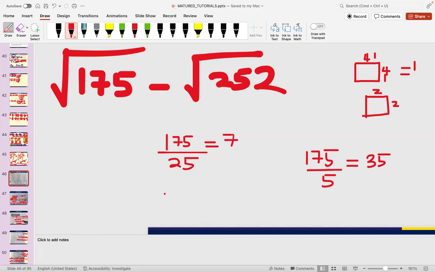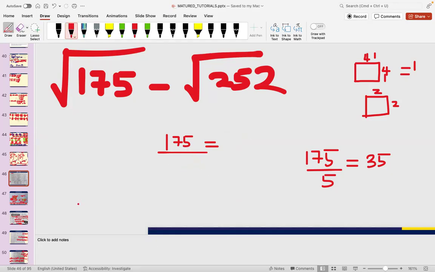In other words, 175 is the same as 25 multiplied by 7. And once we know we can find the square root of 25, it means this can be replaced here, again with the explanation he was giving.